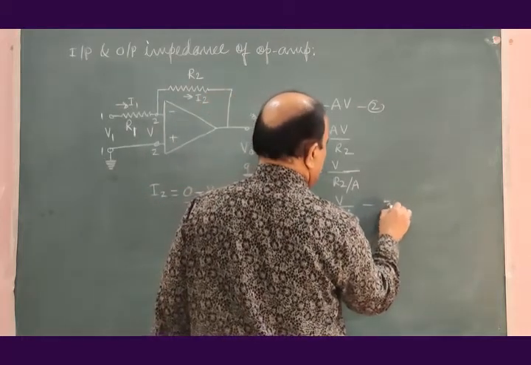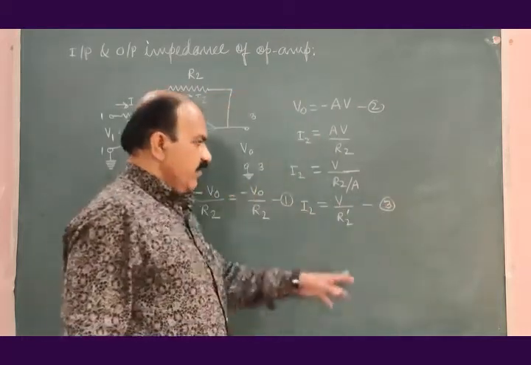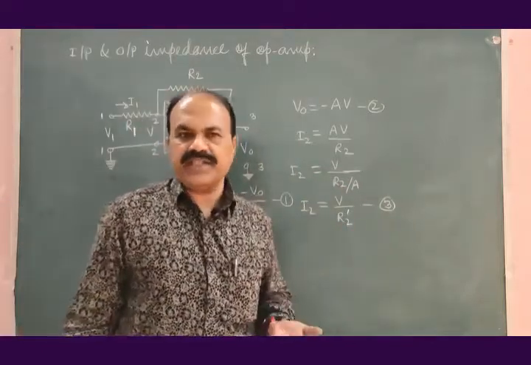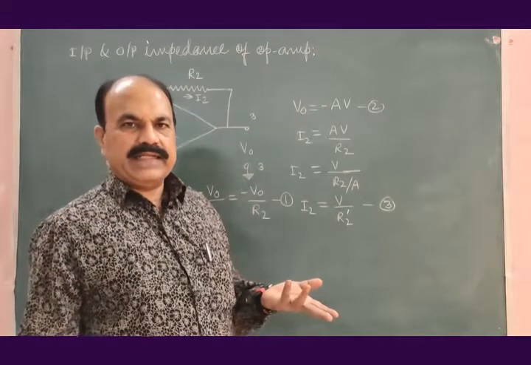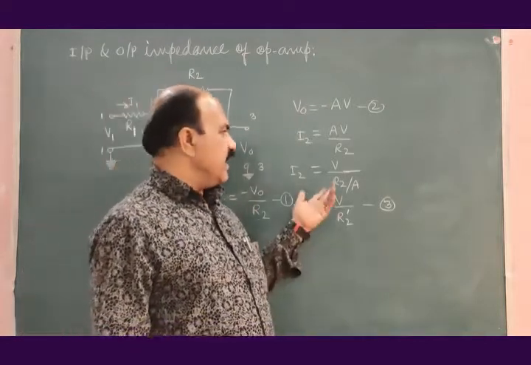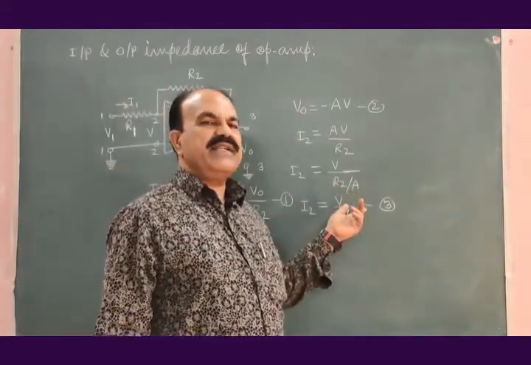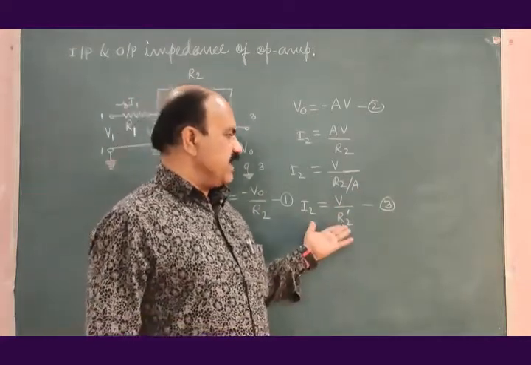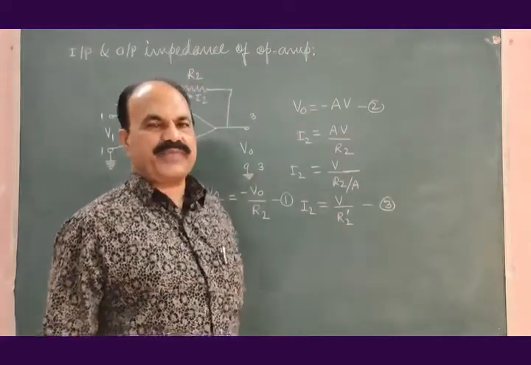Equation number 2. Where this R2 dash is R2 divided by A, and A is dimensionless. R2 by a dimensionless quantity will have the dimensions of resistance. Let us call this R2 dash.